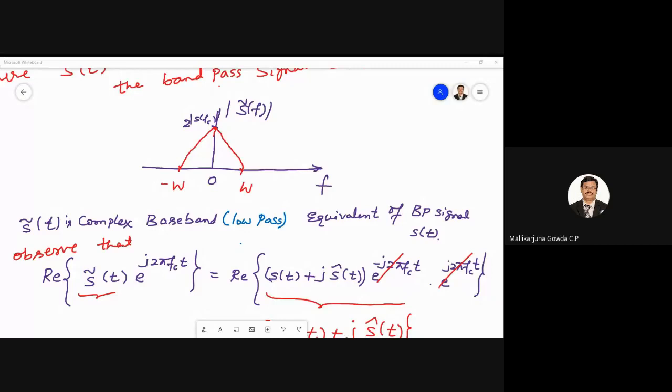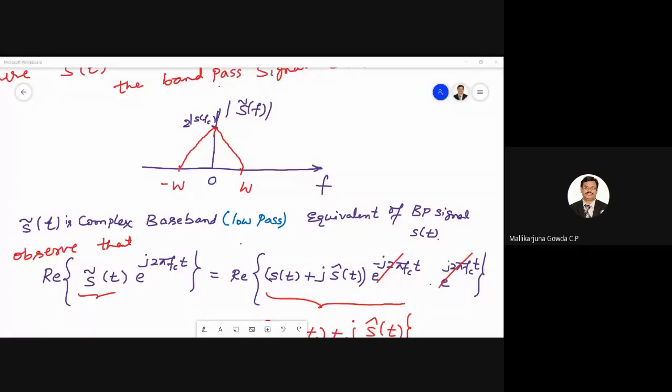Yes, is it clear? S tilde of t is equal to S plus of t into e power minus j 2 pi fct. Or if you want to express in terms of pre-envelope, I can write S plus of t is equal to S tilde of t into e power j 2 pi fct. This is the definition of complex envelope of a bandpass signal.